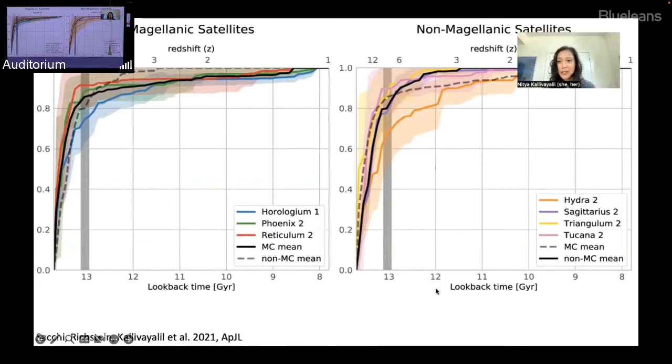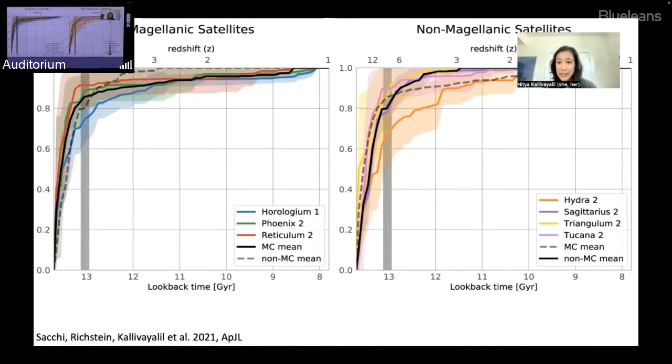An interesting but sort of tantalizing at this point takeaway is that all of these objects that we're looking at here are extremely old. 80% of their stars are in place in these galaxies before the epoch of reionization, which is shown in each of these panels by this gray bar.